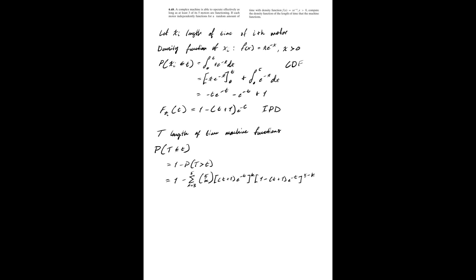And then we take that to get the individual probability distribution, the f. And then we take that value for the event of the length of time the machine functions, and plug that into the density function. We compute the density function for the length of time for the total machine functions.